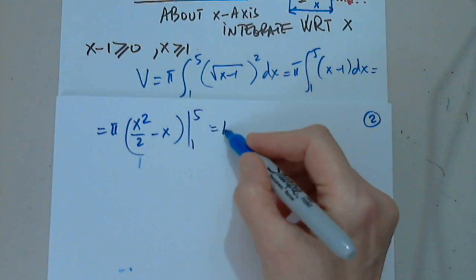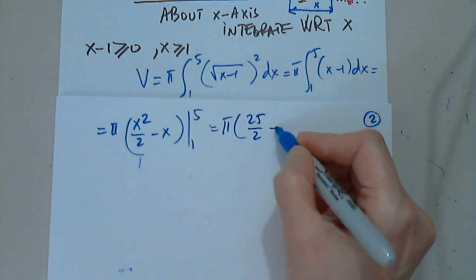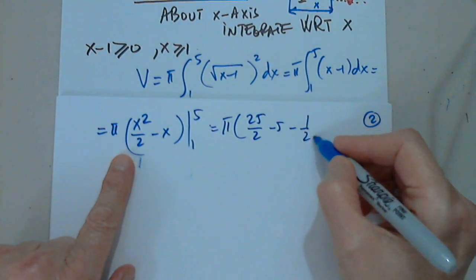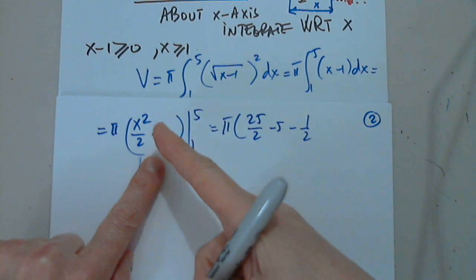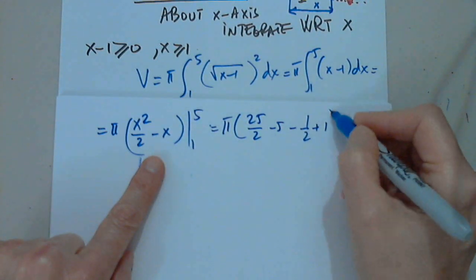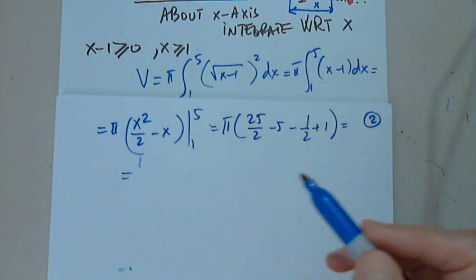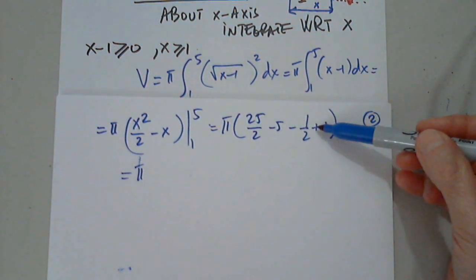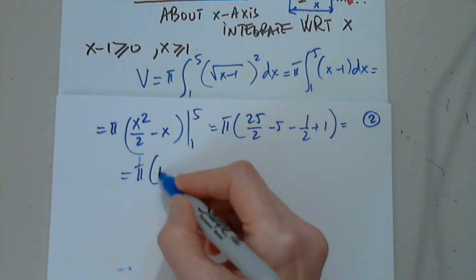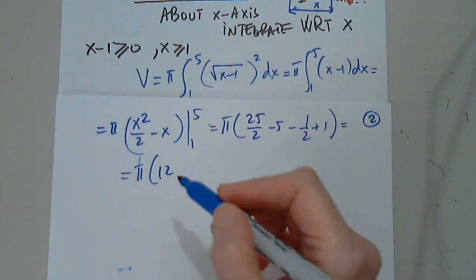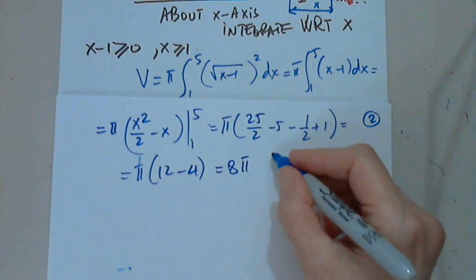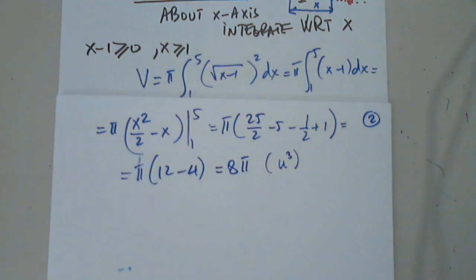We plug in 5: 25 over 2, minus 5. Careful now, when I plug in 1: minus 1/2, minus 1 is negative already, plus 1. So then pi, 25 halves minus 1/2 is 24 over 2, which is 12. And negative 5 plus 1 is negative 4. So this is 8 pi, whatever units cubed, because it's a volume.